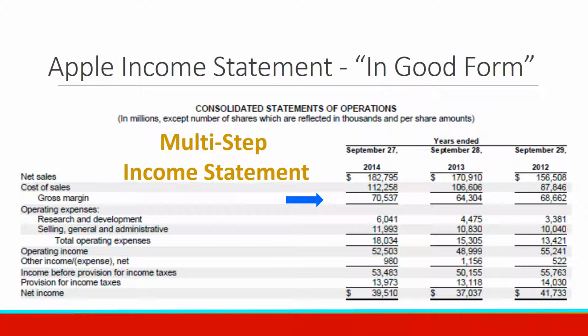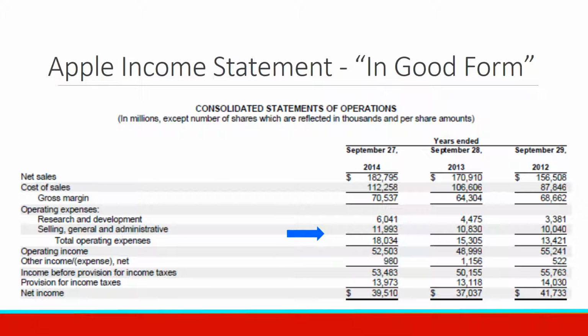That is being highlighted here with a blue arrow to signify that that gross margin subtotal is optional to provide. The next common grouping is that of operating expenses. These are period expenses needed to run the basic operations of the firm.